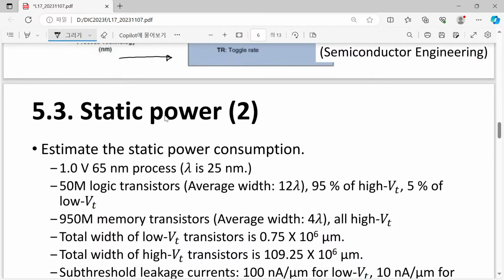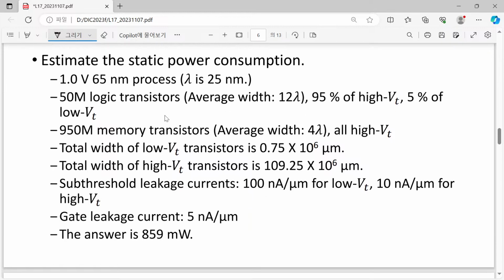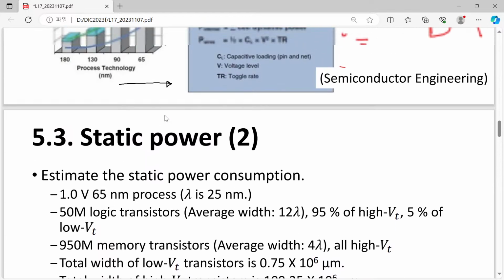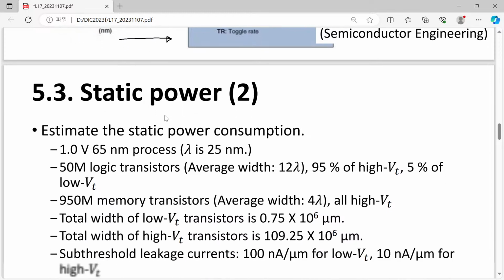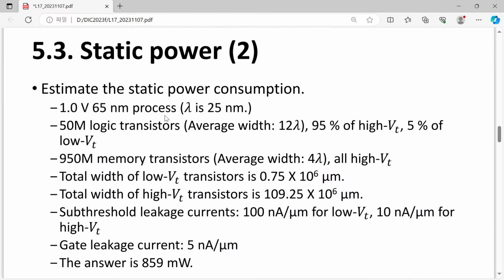If you have a cell phone and you just turn it on, do nothing, not gaming, not chatting with your friends, still eventually the cell phone will be turned off. That battery life is determined by your static power consumption. Okay, so then let me just give you an example taken from our textbook.